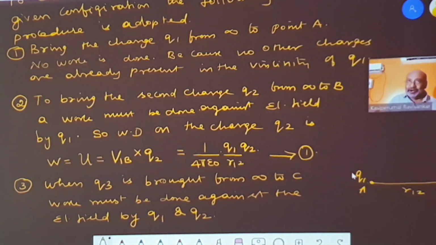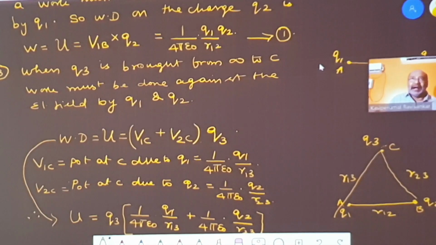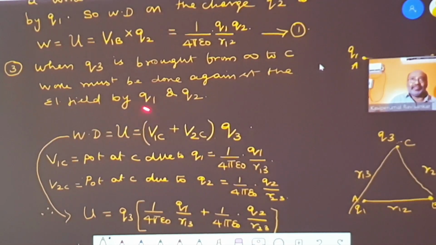That is the third point. When Q3 is brought from infinity to the point C, work must be done against the electrical field produced by the charge Q1 and by the charge Q2.